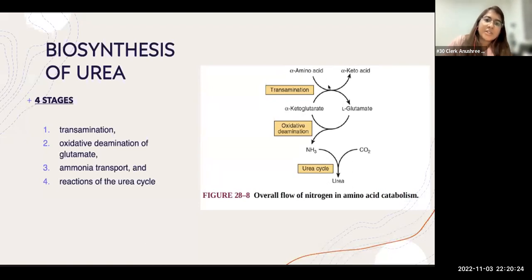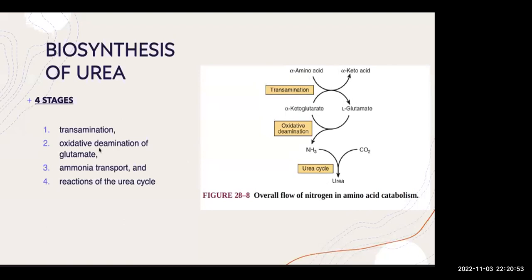Now, the nitrogen that was released here would join the alpha ketoglutarate. So here the nitrogen joined, it gave us another amino acid. Make sense? It's like give and take at one point. Nitrogen goes from here and it forms the alpha keto acid. Nitrogen joins the alpha ketoglutarate and gives us glutamate.